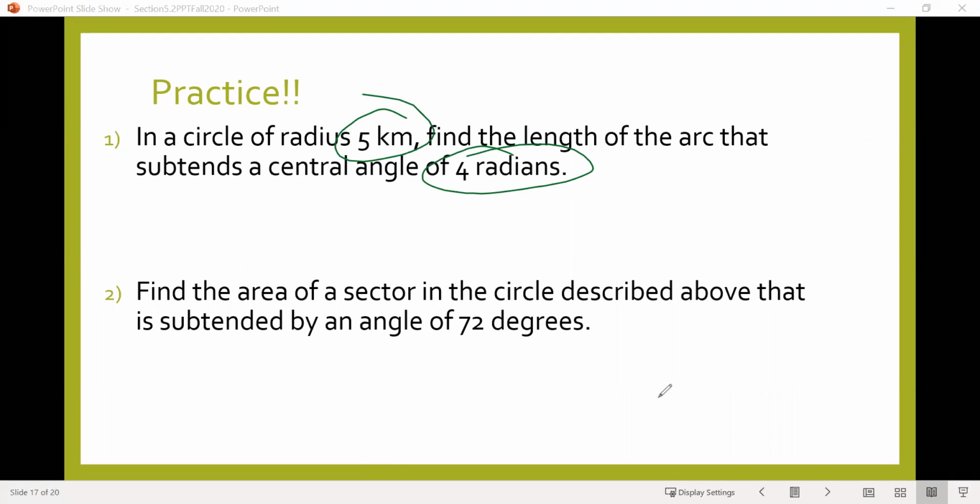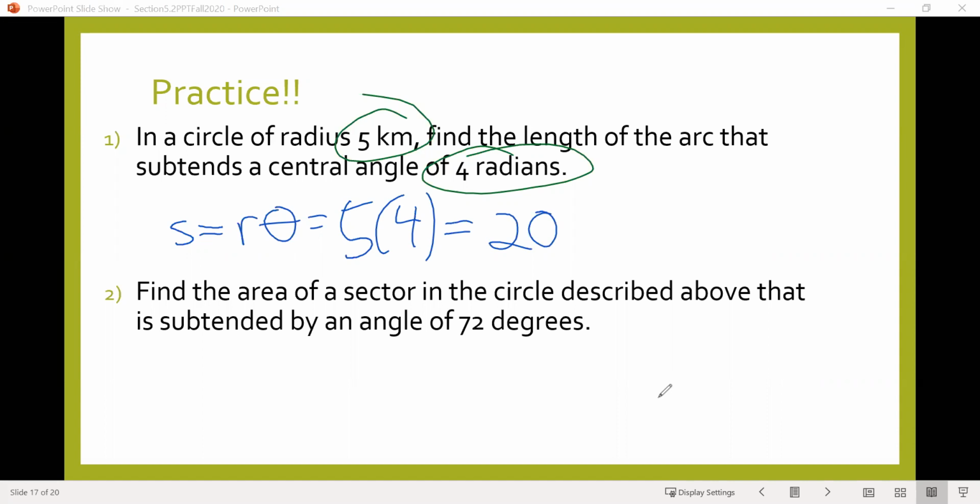So we can simply use our arc length formula, S equals r theta. We'll plug in the length of the radius, which is 5, times the angle measure, which is just 4 radians. Again, no pi's here. We'll end up with 20 as our answer.